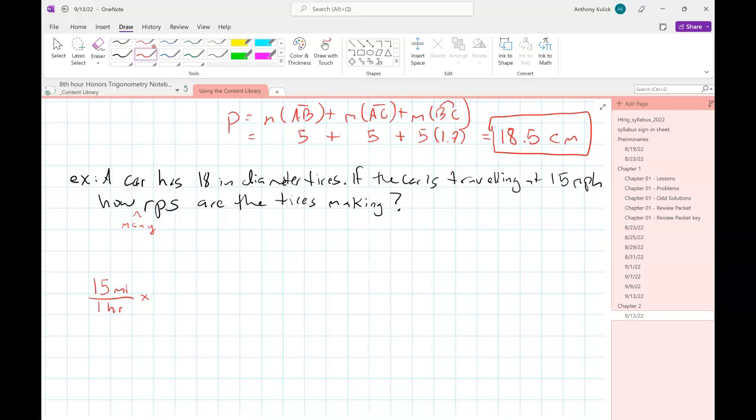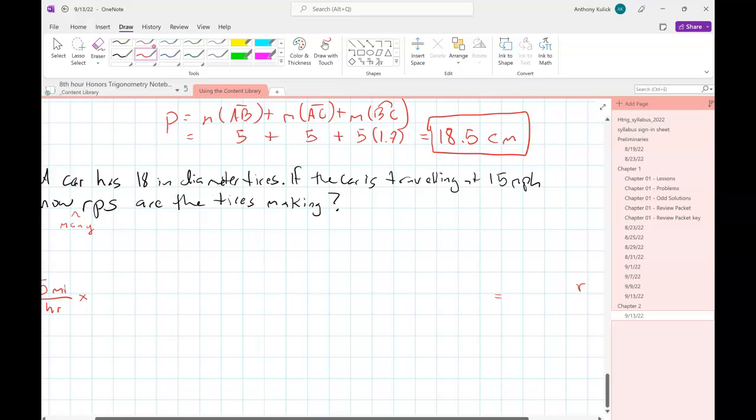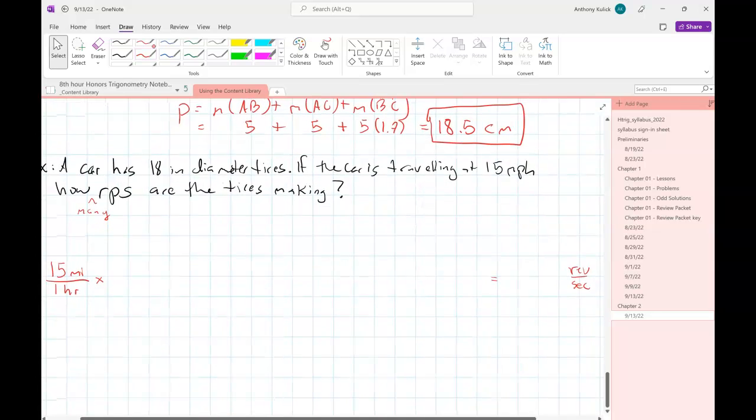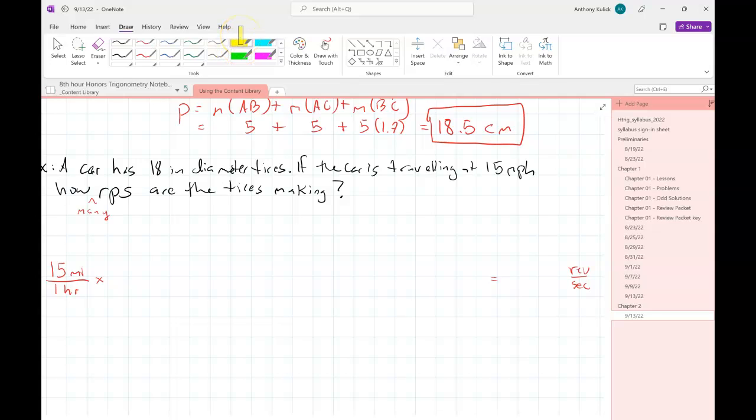I'm going to do a bunch of unit conversions and end up in revolutions per second. Everybody's cool so far? First thing I'd notice is that I'm starting with per hours and I want to end in per second. Well, I know how to convert hours to seconds, right?